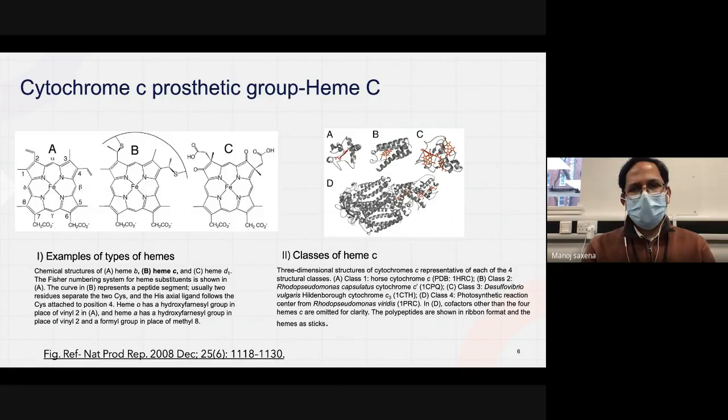Among the heme-C, there are also different classes; heme-C is further classified into 4 different classes based on how it is attached to the protein and how many of those heme-C groups are present, because there are certain proteins in which there are multiple heme-C groups, which can be seen on this panel here in the classes of heme-C.